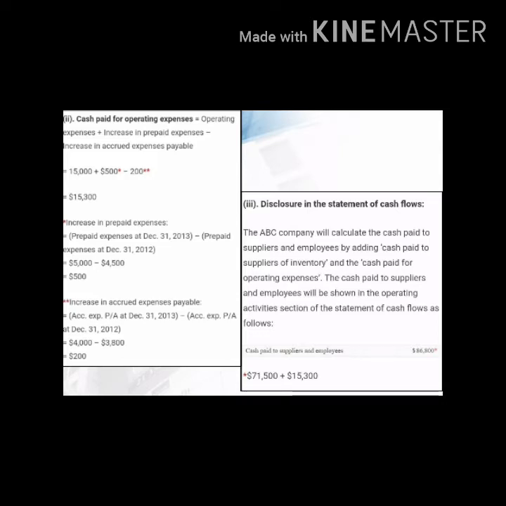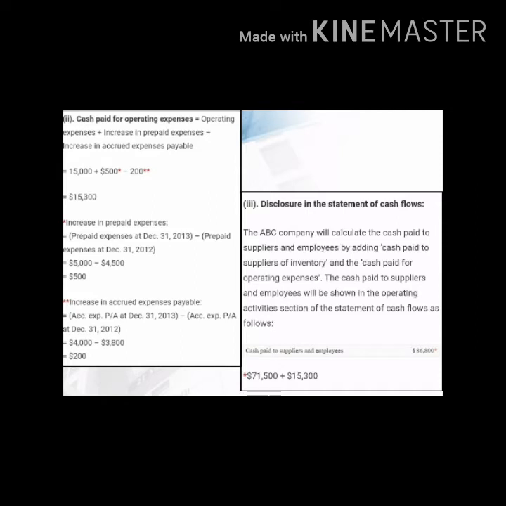So here, operating expenses plus the increase in prepaid expenses minus the increase in accrued expenses payable. The operating expenses, which has $15,000, plus the increase in prepaid expenses, which has $500.